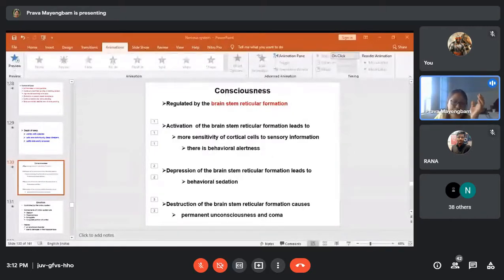Like we see in movies, some people go into coma. That is due to failure of the brainstem reticular formation. Destruction of the brainstem reticular formation causes permanent unconsciousness and coma.